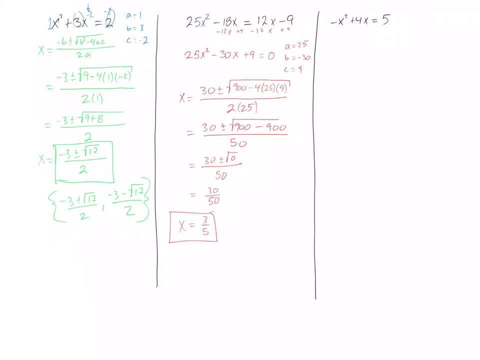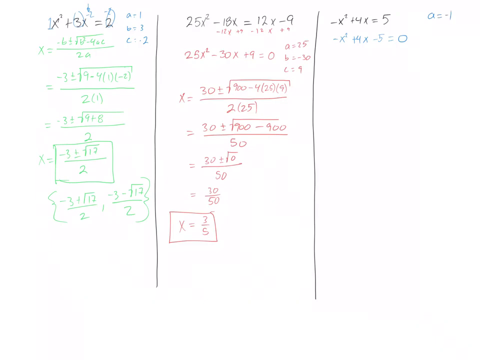It's really nice when that discriminant, to throw a word out there, comes out to be 0. And then one more here. Let's try this. So I'm going to subtract the 5 from both sides, so I end up with negative x squared plus 4x minus 5 is equal to 0.